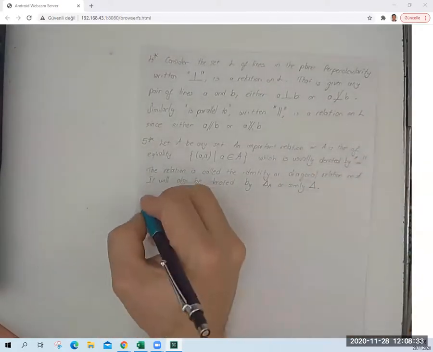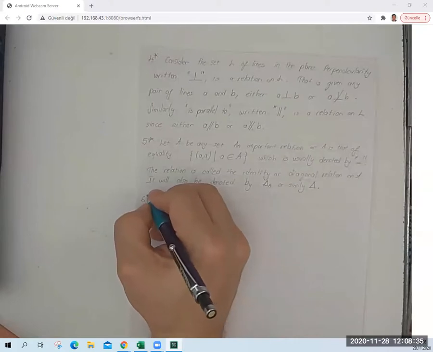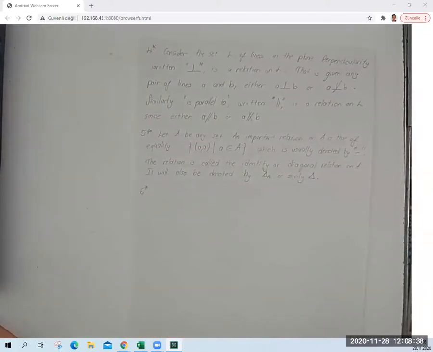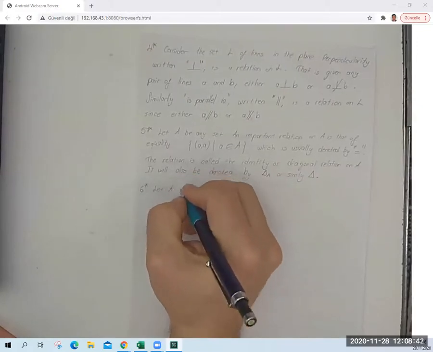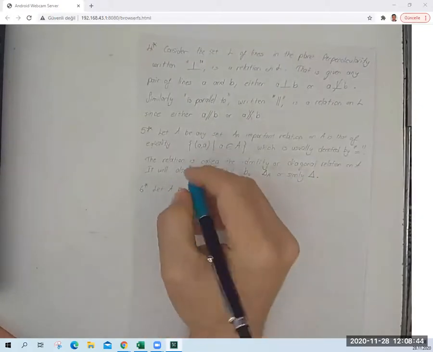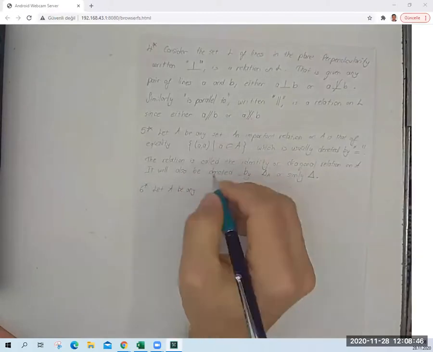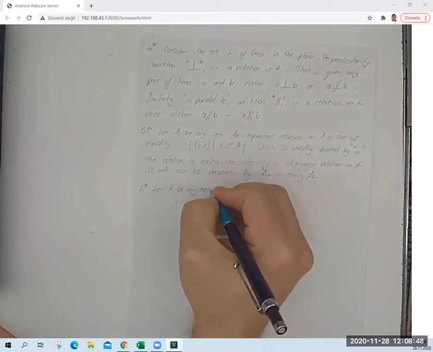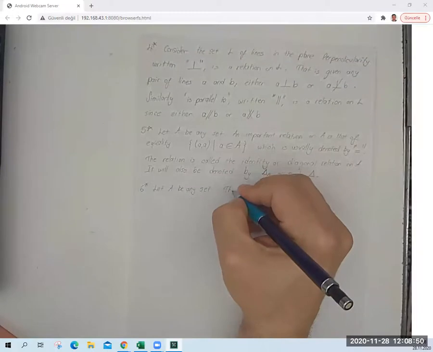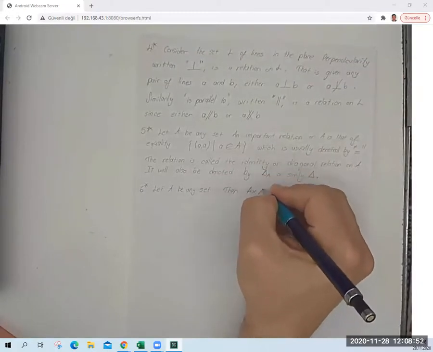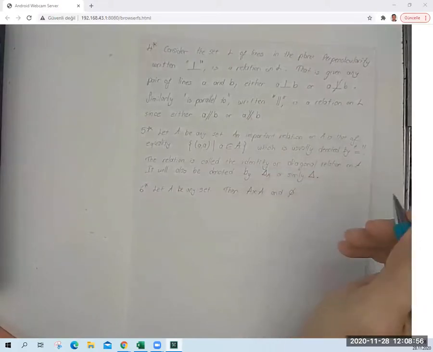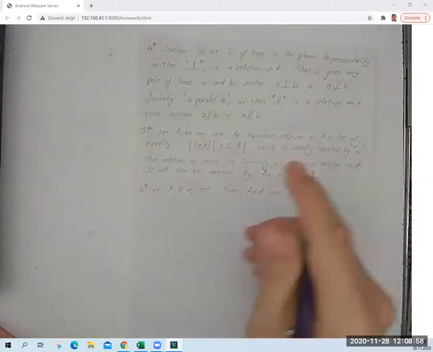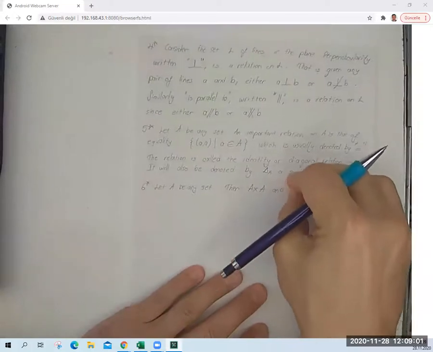And the last one is giving some relation properties. Again, there is the set A, and there is the product A cross A and the empty set.